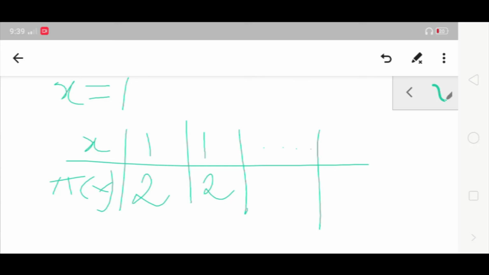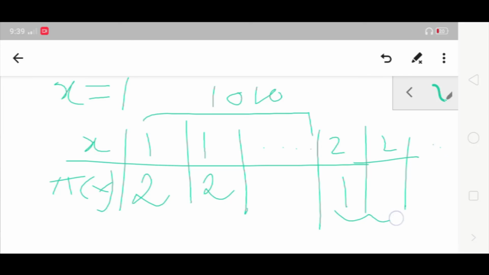Note again we should recall that pi x is a permutation of x, hence we should get here 1, 0, 1, 0, and the inverse is like this, and here we get 1, 0, 1, 0 terms.